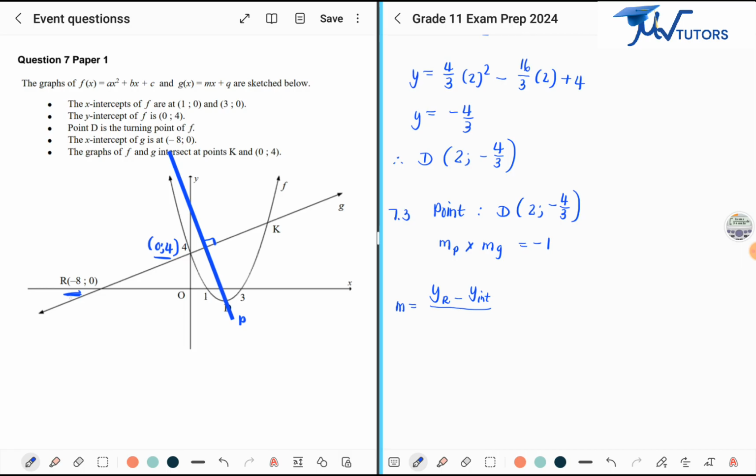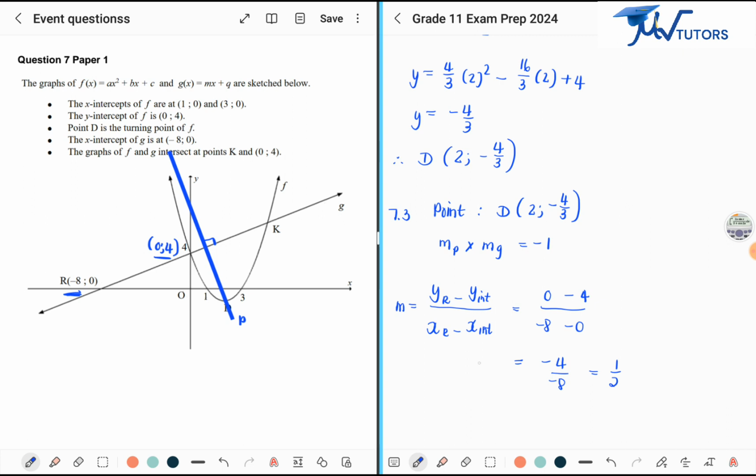So we have the y-coordinate of R minus the y-coordinate of the intercept over the x-coordinate of R minus the x-coordinate of the intercept. And what do we have there? We have 0 minus 4 all over negative 8 minus 0. So we have negative 4 over negative 8, which is basically going to be positive a half.